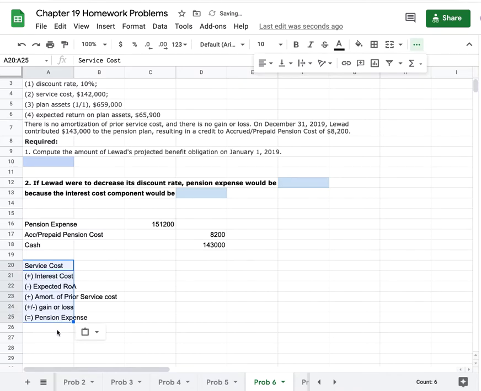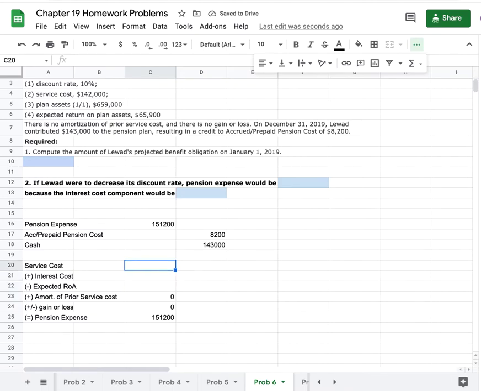So now we can fill in the information we have here and use that to work backwards to get the projected benefit obligation. What we do know is that the pension expense is $151,200, and the problem told us there's no amortization and there's no gain, so we can fill zeros in there.